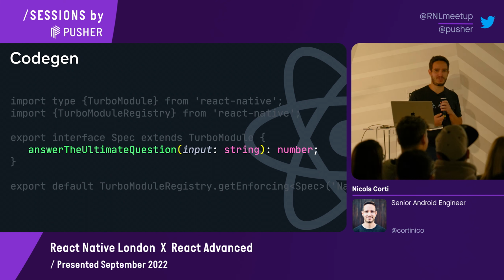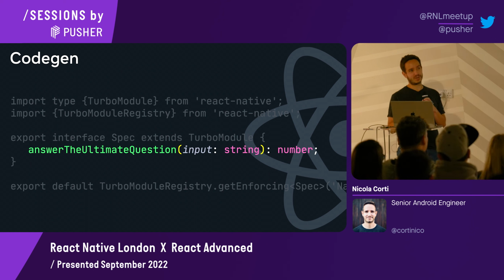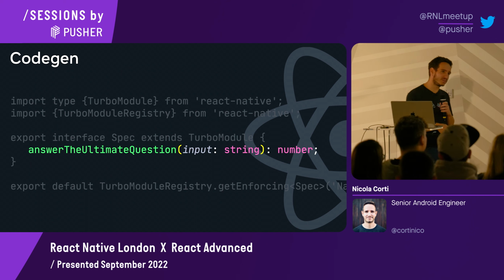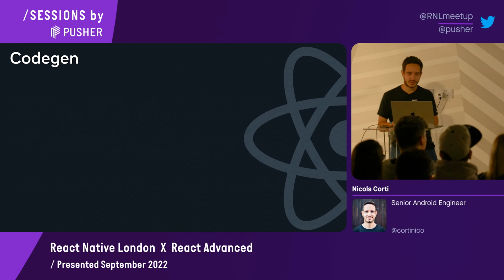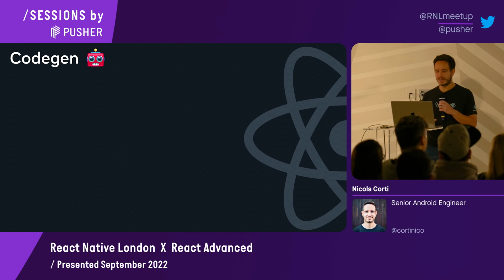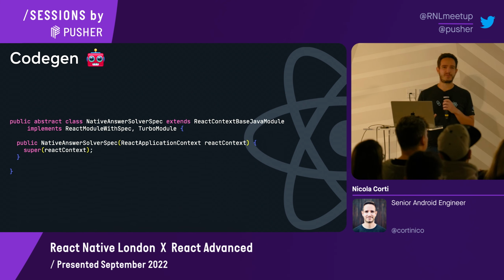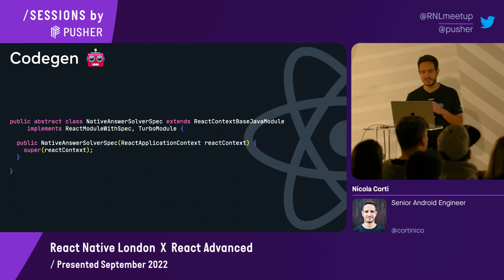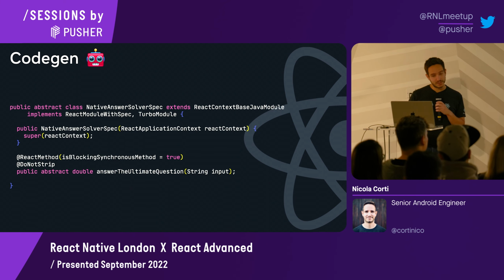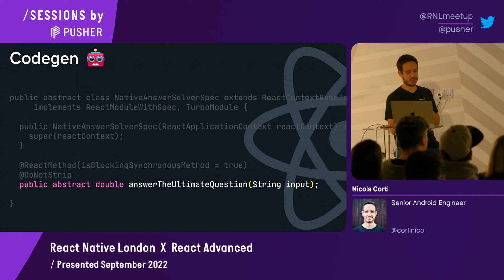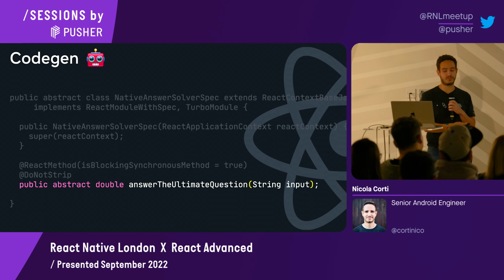From this information, we are going to generate code, a lot of boilerplate code, which historically you would have to write for both Android and iOS. So on Android, the code will look like that. It's essentially an abstract class in Java, which is already prepared for you with the constructors and everything needed, and then a method, which is an abstract method that respects the signature of the method we saw before.